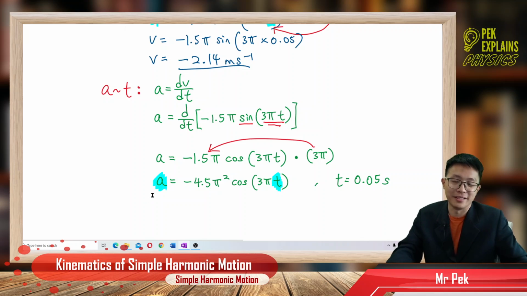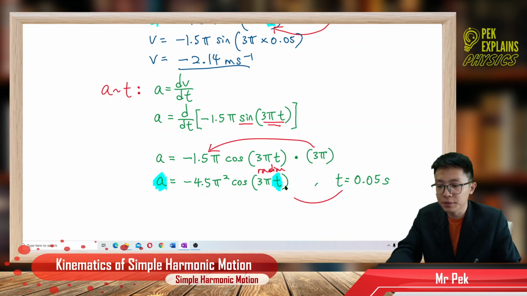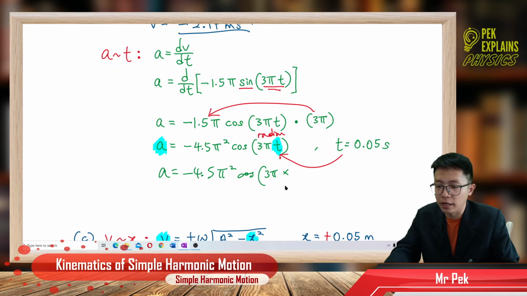Congratulations, you already got the acceleration-time equation. This time, make sure in radian, substitute the time to get the answer. Very simple. Negative 4.5 pi squared cosine 3 pi times 0.05.